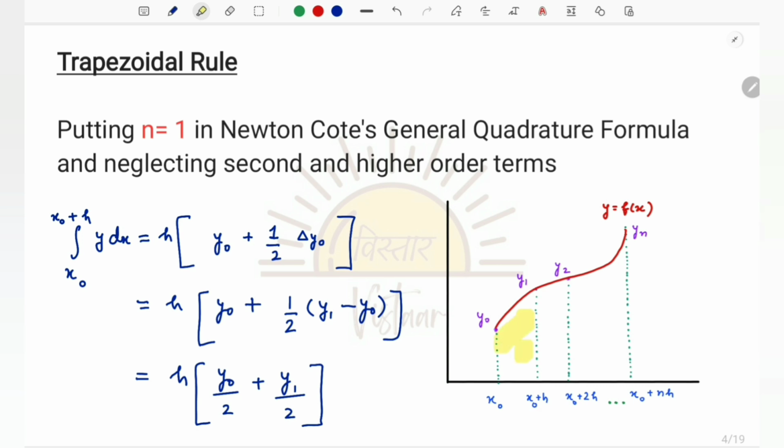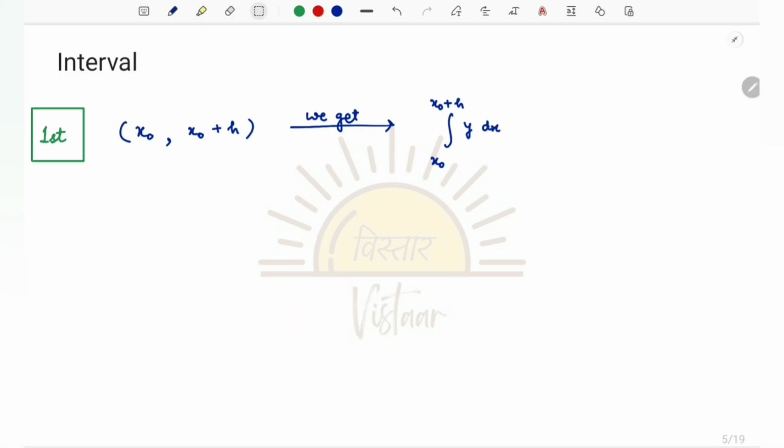So for the first trapezoid, we have found the integral as h times (y0 by 2 plus y1 by 2). In the same way, we will proceed to next trapezoids. So for the first interval, we have found the integral to be h times (y0 by 2 plus y1 by 2).